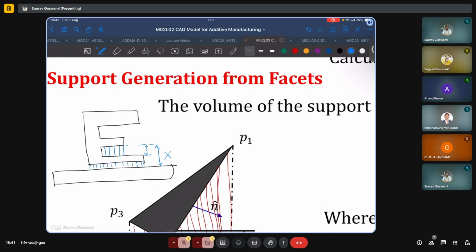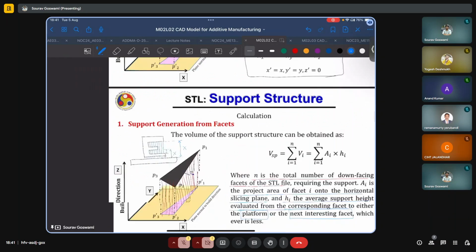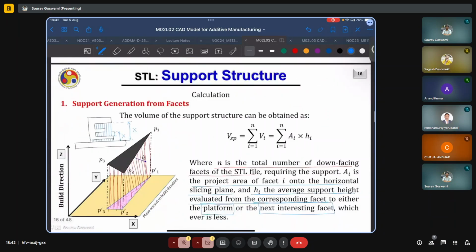And what about the top structure here? Some of it will again be limited to the next facet. Some of it will go down to this bottom facet here. But again, none of it is reaching the build plate. So if we do our calculations with respect to the build plate always, we'll of course end up overestimating.